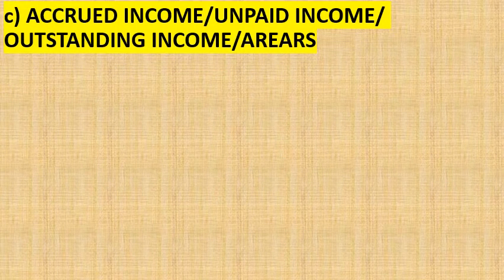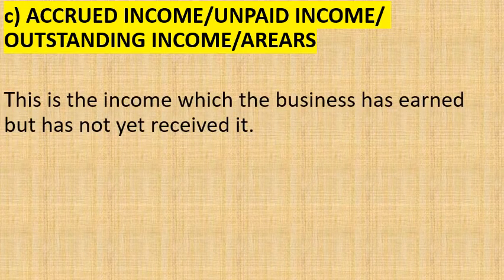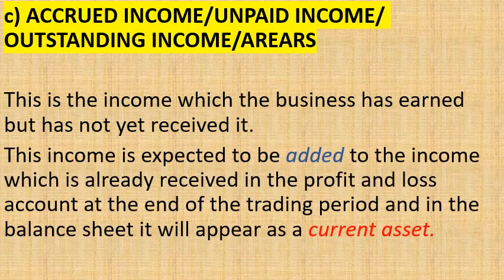C, accrued income. Income that is not yet paid or outstanding or arrears. This is the income which the business has earned but has not yet received. This income is expected to be added to the income which is already received in the profit and loss account at the end of the trading period.